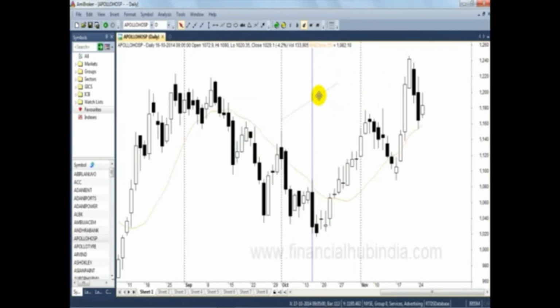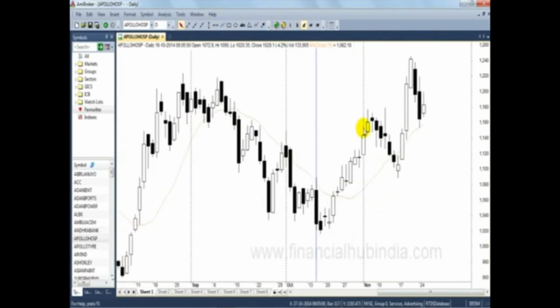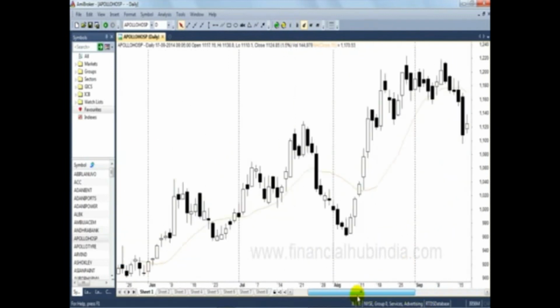How to draw these lines and what their advantages are are part of technical analysis, which we will do once we start learning the technical analysis course. Here we have the zoom in and zoom out buttons. Here you can move the chart.